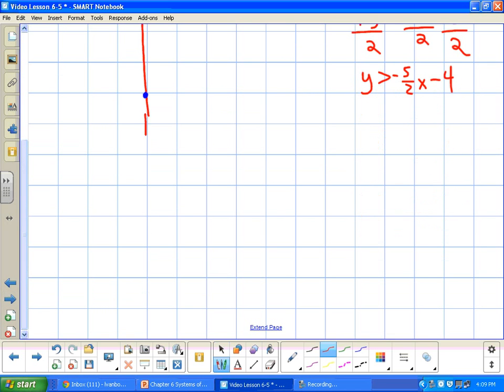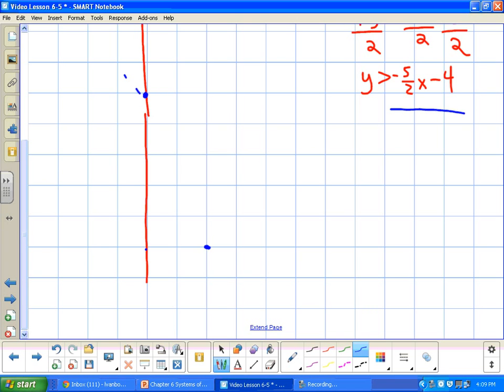All right, so I'm going to extend the graph. I have my first point. Remember, the equation was -5 halves x minus 4. I have my y-intercept at -4. I'm going to go down 5, 1, 2, 3, 4, 5, and over 2. Here's my second dot. Remember, there is no bar here, so it will be a dashed line.